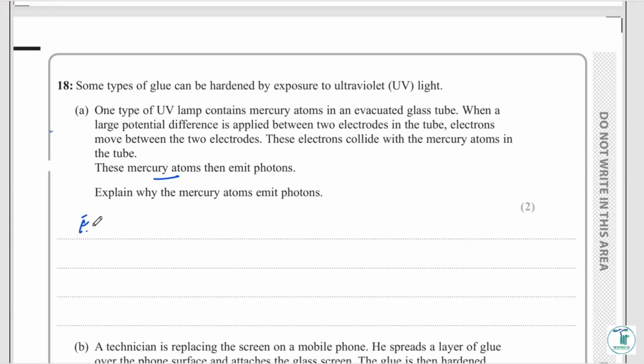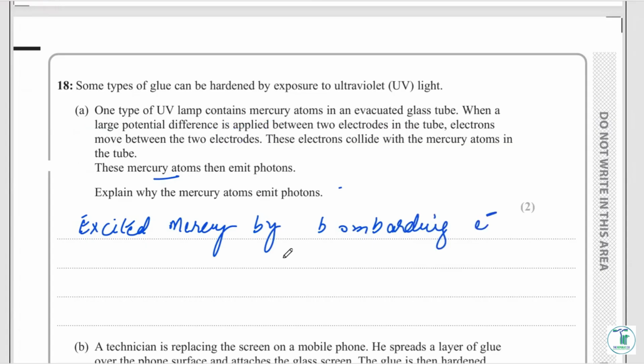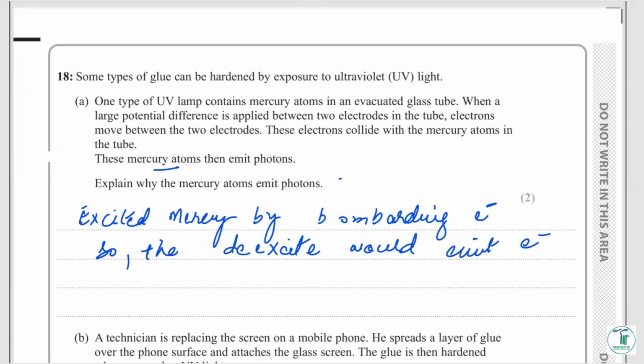So first of all, you have excited the mercury by bombarding electrons. And if you have excited the mercury by bombarding electrons, then when they get back to their normal state, the de-excitation would emit photons, right? So that is how we're going to talk about this question.